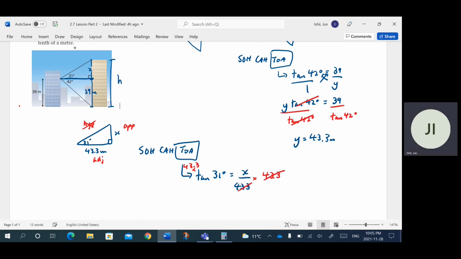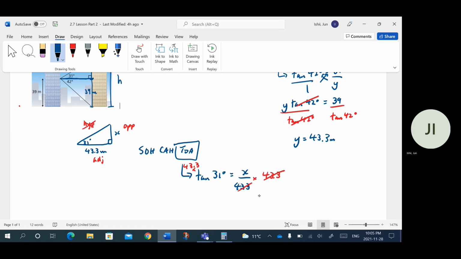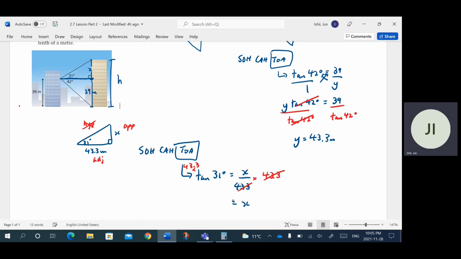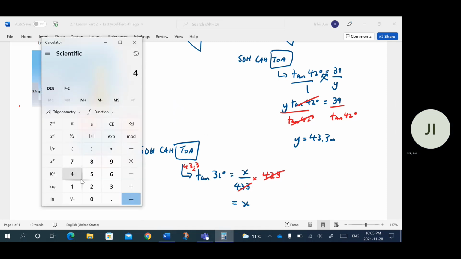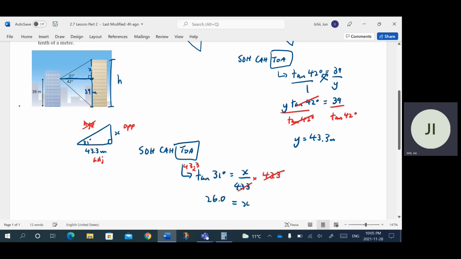These cancel, and as a result we get x equals 43.3 times tangent of 31, which equals 26.0. So we'll call it 26.0 meters. That is the length from here and up.